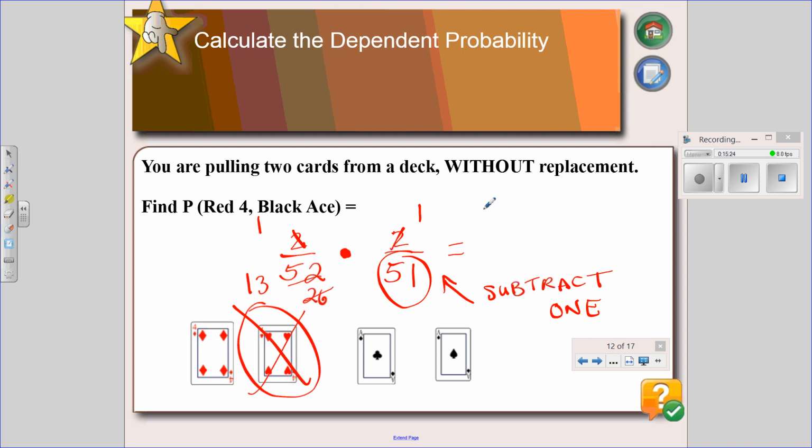And then my compound probability, you can just do this with the TI-34 calculator. 1 times 1 is 1 on the top, and then I have to do 13 times 51. It's going to be 663. So that very specific event is a 1 in 663 chance of happening.